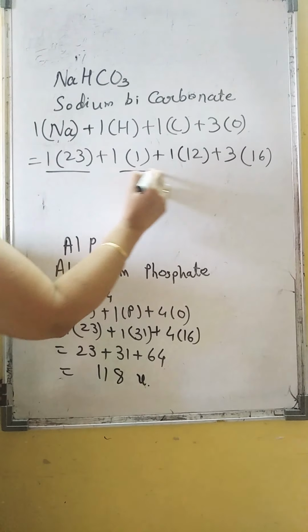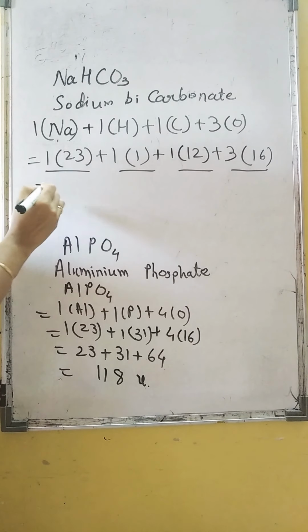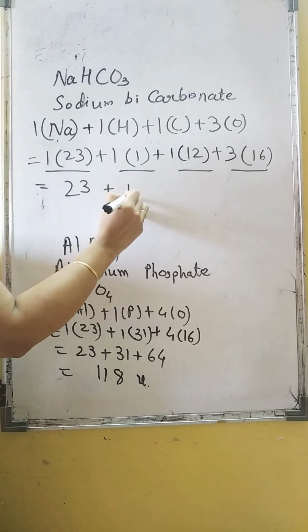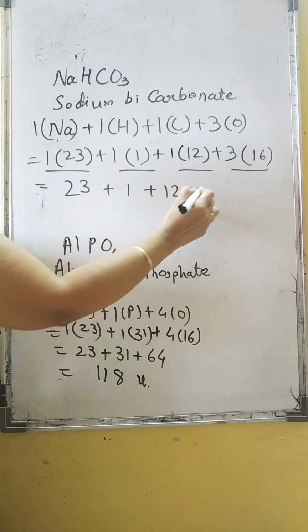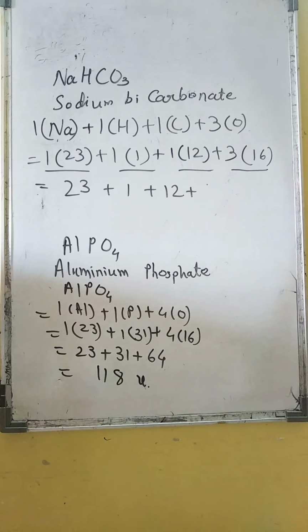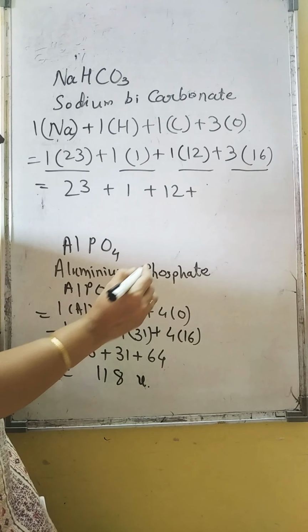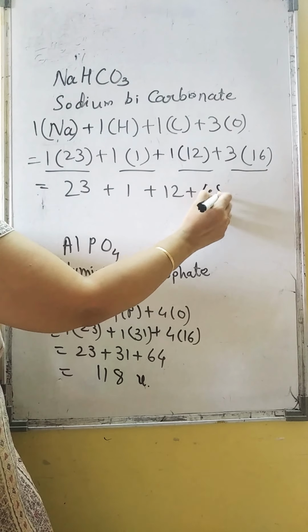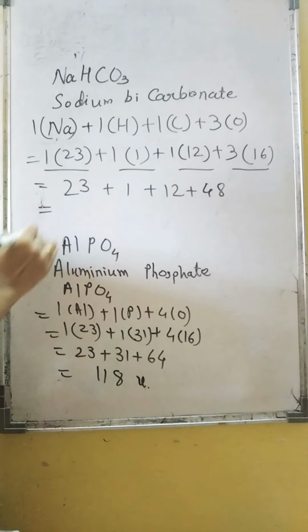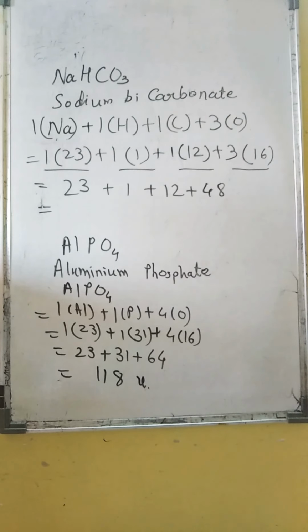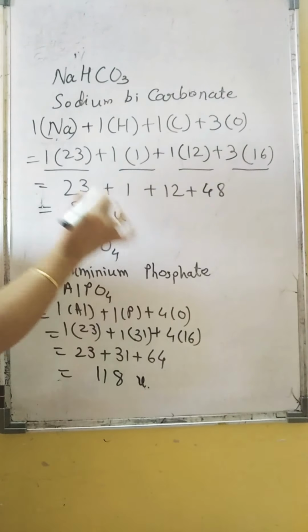Right? Now we'll be doing the multiplication of all. So it is 23 plus 1 plus 12 plus 16 threes are 48. So it will be coming as 84 Dalton.